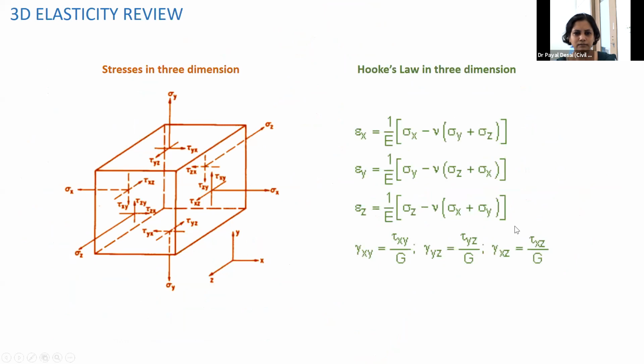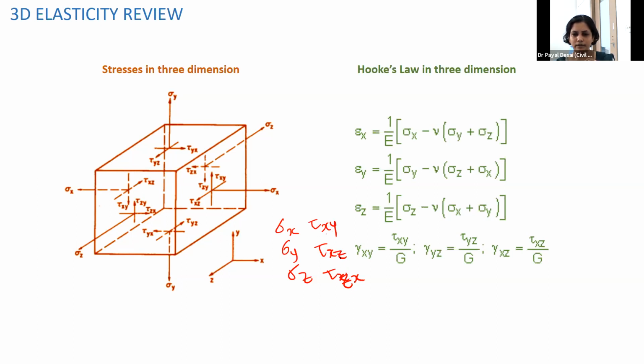Now, the stresses in 3 dimensions can be defined as follows. There are 6 stress components, 3 normal, that is sigma x, sigma y, and sigma z, and tau xy, tau xz, and tau zx.